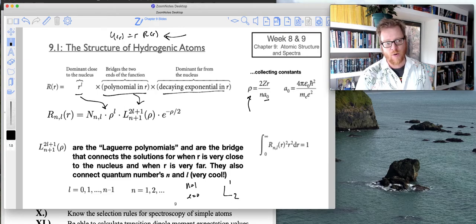Because when L is 0, 2 times 0 plus 1 is 1, and when n is 1, n plus L is 1. So in this notation, we know that we're dealing with n equals 1, L equals 0, okay? And then finally, we have this decaying exponential in r given to us by this term here.